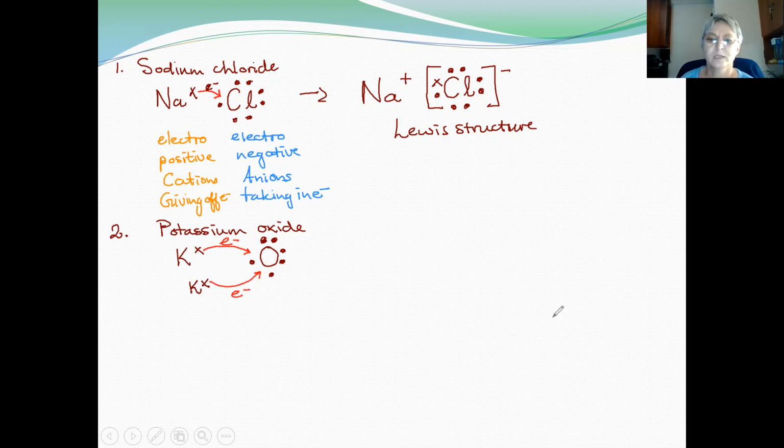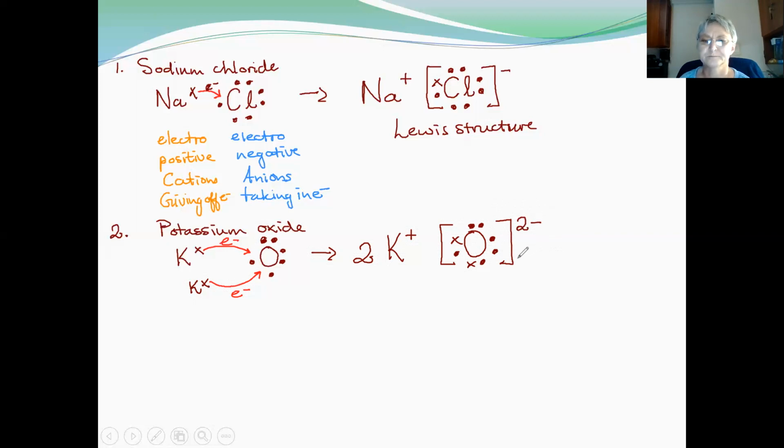Now we have 2 potassium ions and the oxygen ion. The potassiums are cations, the oxygen would be an anion. And the oxygen received 2 electrons, so it's 2 negatively charged.